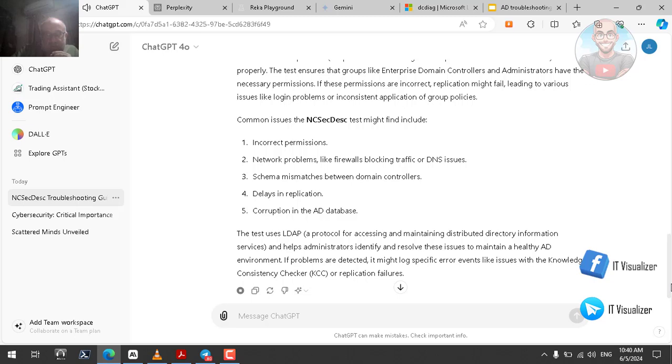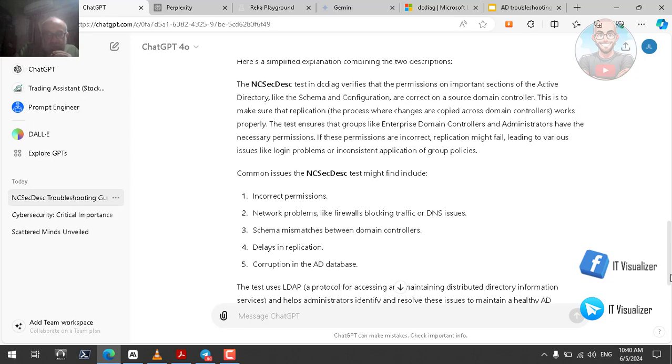The test uses LDAP, a protocol for accessing and maintaining distributed directory information services, and helps administrators identify and resolve these issues to maintain a healthy AD environment. If problems are detected, it might log specific error events like issues with the Knowledge Consistency Checker, KCC, or replication failures. So you can see here he has described the test, which is good.